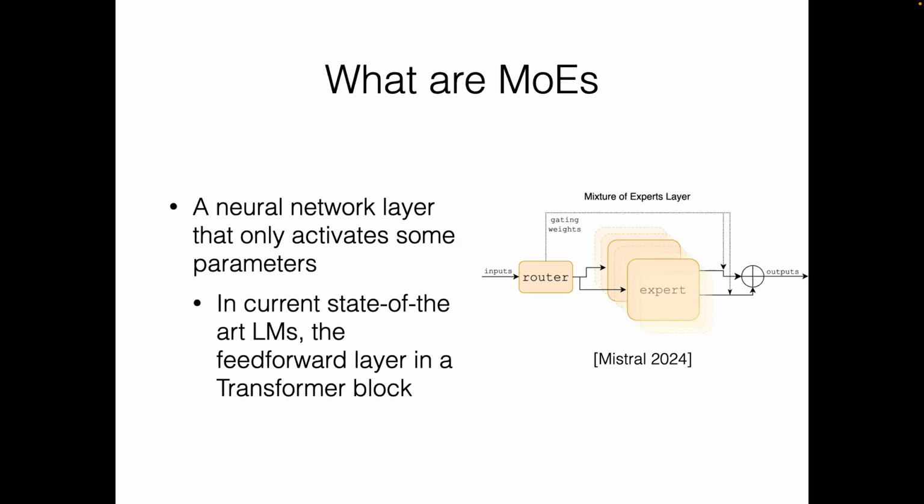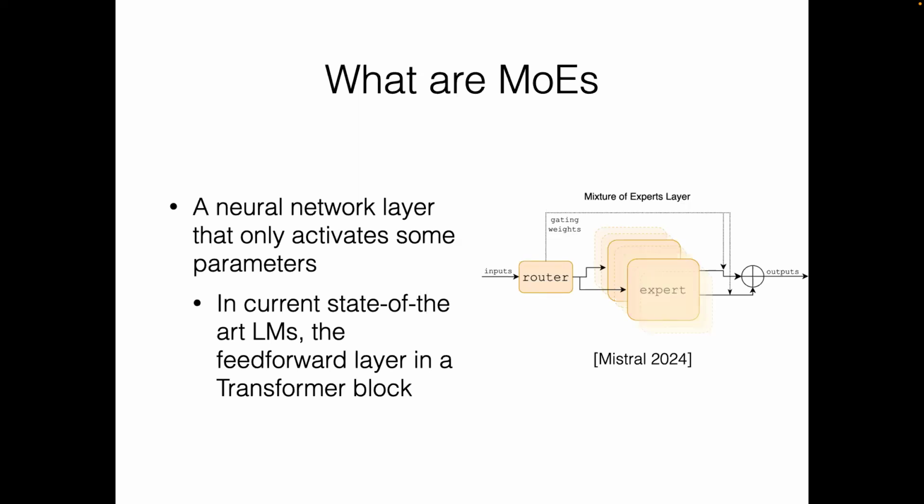So really, you could use this term to refer to a general sense of routing computation to different parameters and not using some parameters. But we're mostly going to stick to what is being used now and what has been used since, say, 2022.